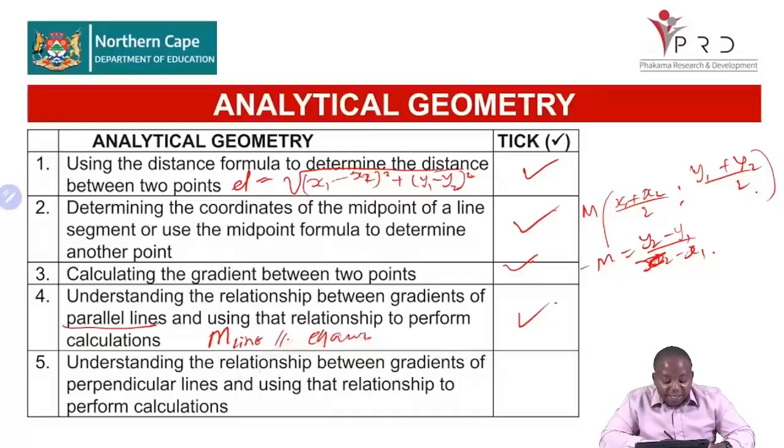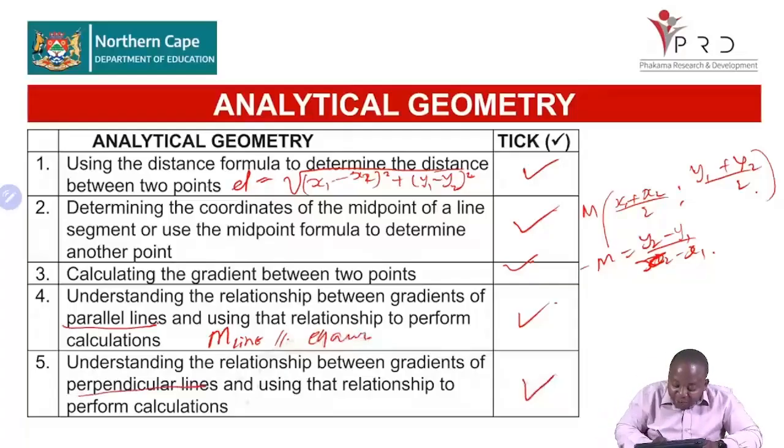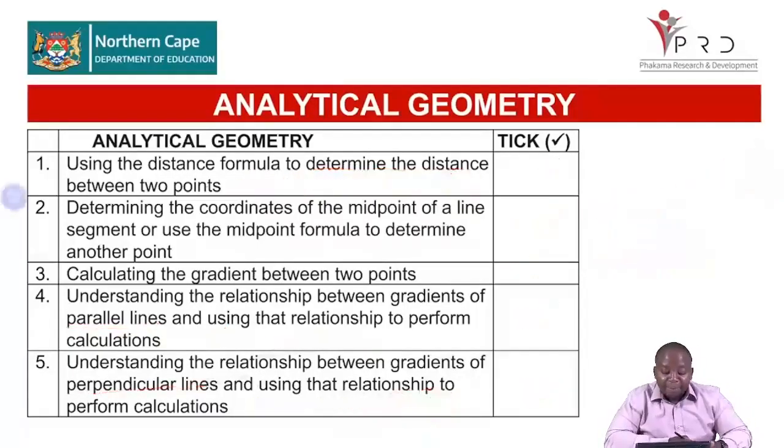And we must understand the relationship of the gradients of perpendicular lines, and using that relationship to perform calculations. Remember, for perpendicular lines, we are saying the m of a line multiplied by the m of another line which is perpendicular must be equal to -1.